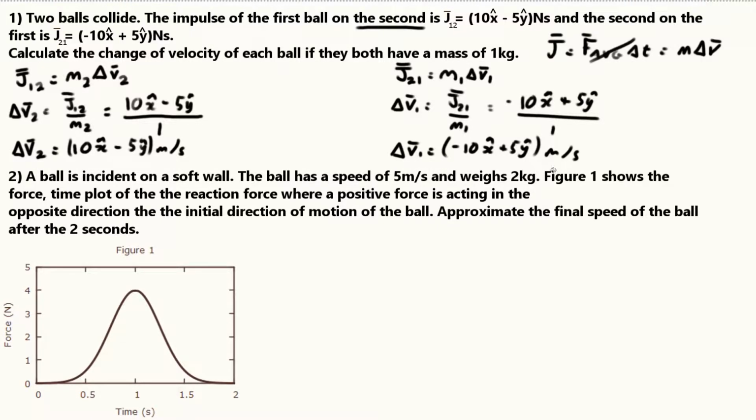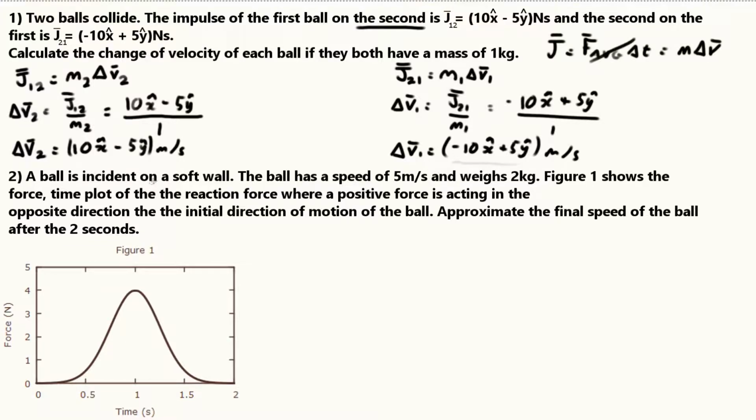And this will make sense because, as you can see, the impulses acting on each ball are equal in magnitude but opposite to each other, and so it makes sense that if they have the same masses, so with their velocities. Let's move on to question 2.